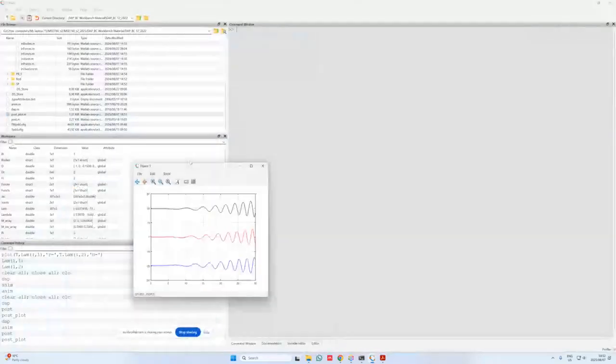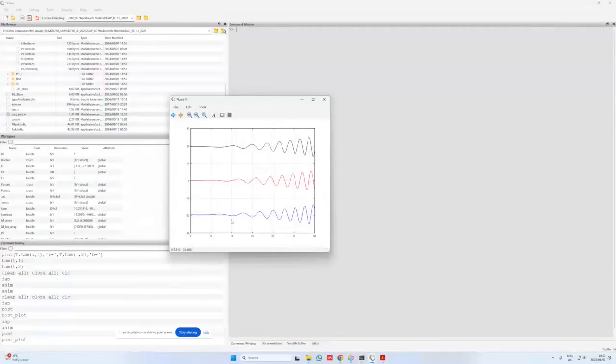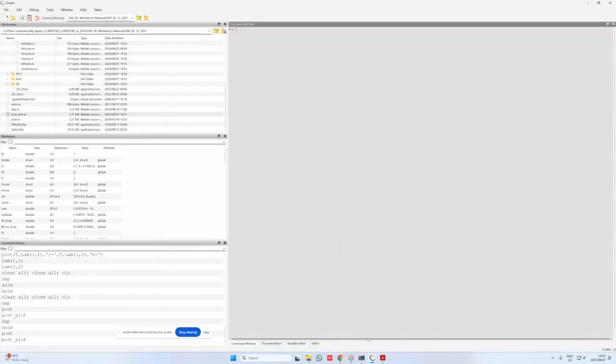Then I also have over here the Lagrange multipliers related to the reaction forces of the revolute joint. So in red, I'll have the X reaction force, Y reaction force in blue, and then I have the total reaction force over here in black.